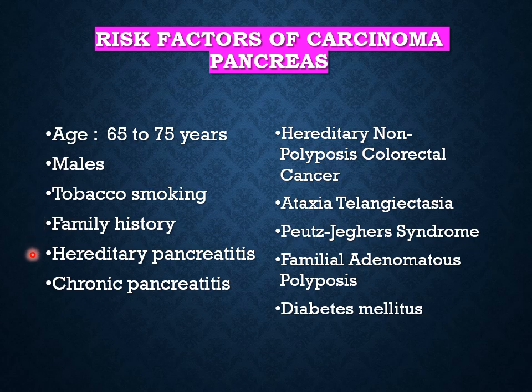Hereditary pancreatitis and chronic pancreatitis also, in the long term, predispose to cancer of the pancreas. Others include hereditary non-polyposis colorectal cancer, ataxia telangiectasia, Peutz-Jeghers syndrome, familial adenomatous polyposis, and diabetes mellitus. These are some of the risk factors for the development of pancreatic cancer.